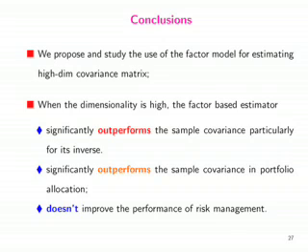Therefore it would significantly outperform the sample covariance matrix in portfolio allocation, because portfolio allocation involves this, and doesn't involve this. However, it doesn't improve performance on risk management, because risk management involves this: you're estimating the risk, the variance of your estimate, which involves this rather than this. So this is consistent with what I said.